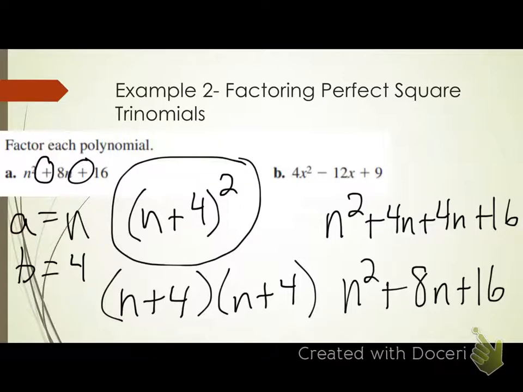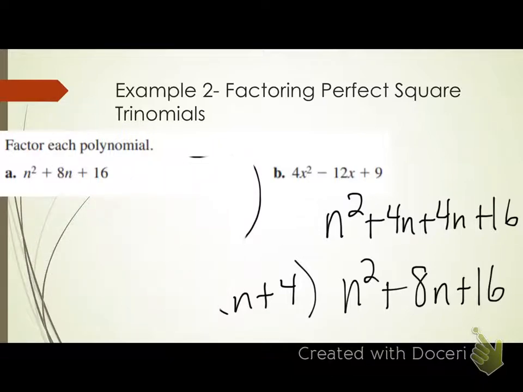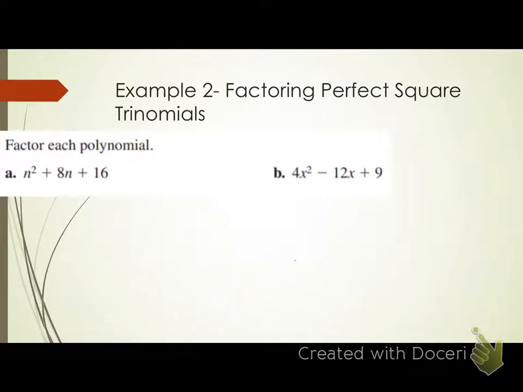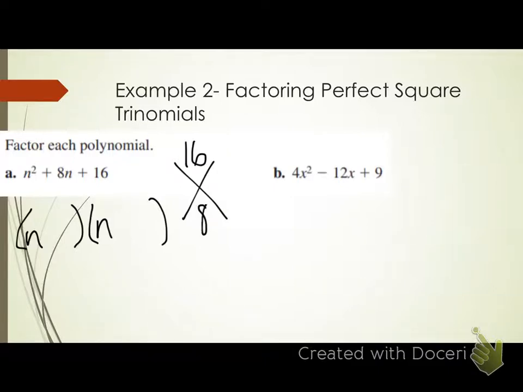So you can use these formulas if you want, but let's look at it a different way. So we're still on letter A. I could just factor this like I did the other day. Create my two sets of parentheses, fill in my variable, fill in my x puzzle. 16 would go up top, 8 would go downstairs.